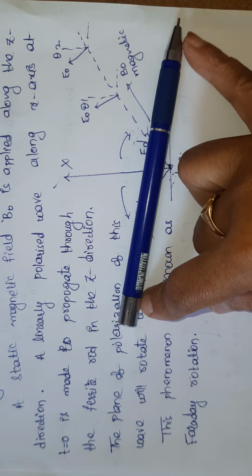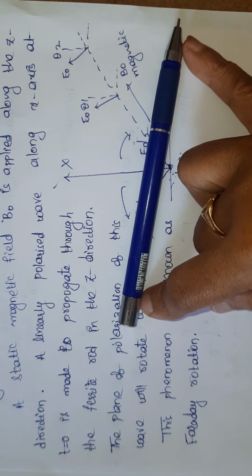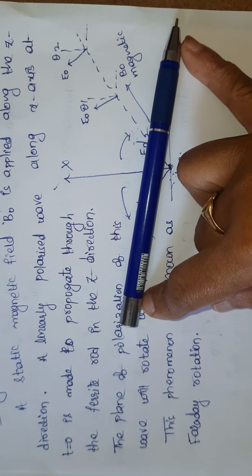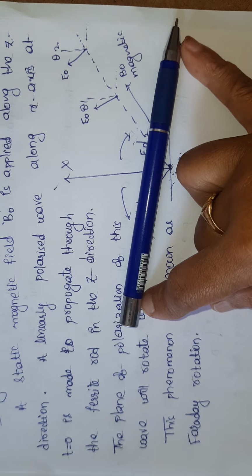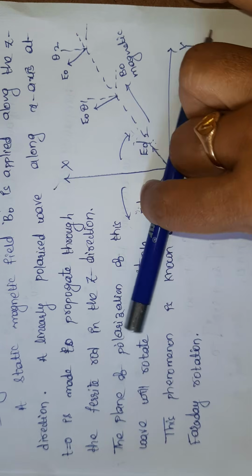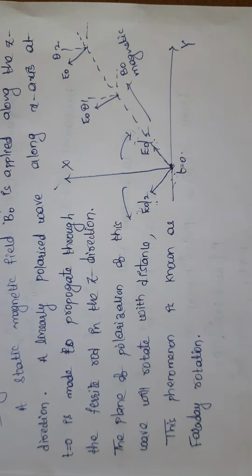If the direction of propagation changes, port 1 to port 2 or port 2 to port 1, there is no change in theta. It will give the phase change only in the anti-clockwise direction. So this is about the Faraday rotation in ferrites.